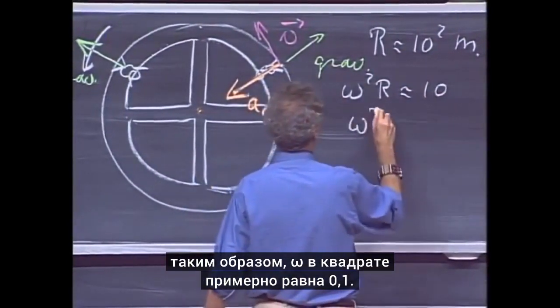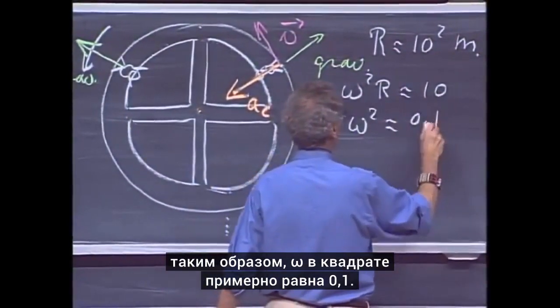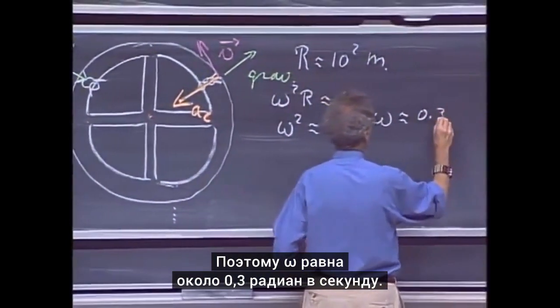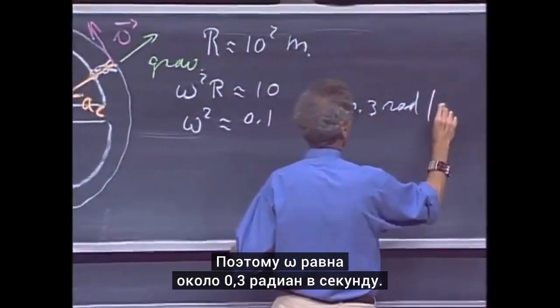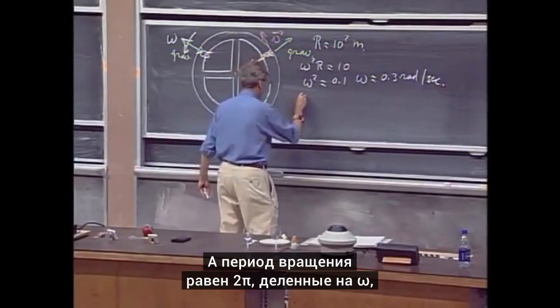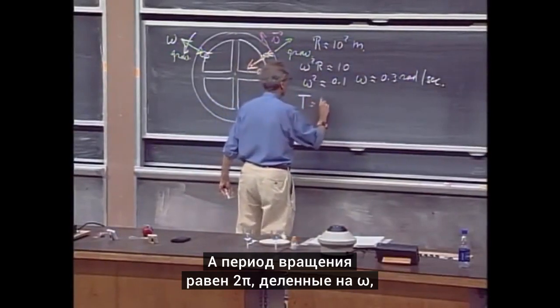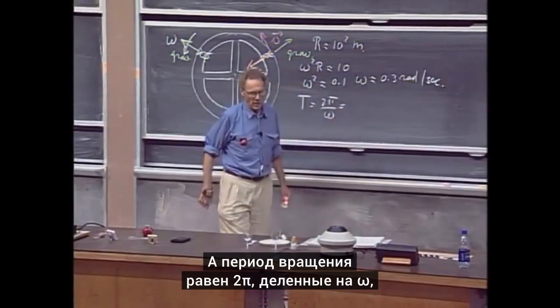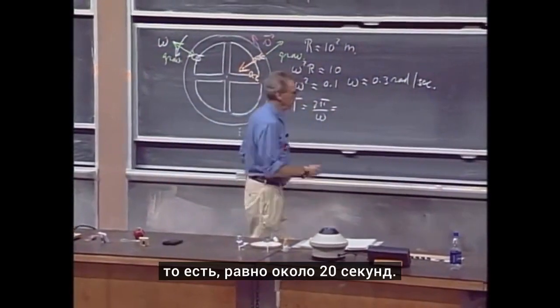So omega squared is about 0.1. So omega is about 0.3 radians per second. And so the period to go around is about 2 pi divided by omega, and that is about 20 seconds.